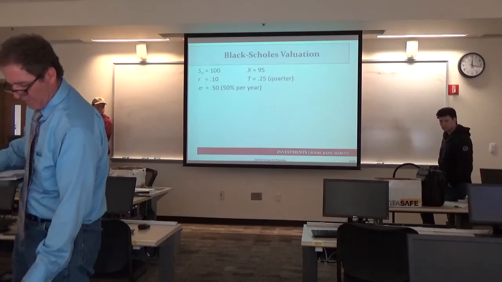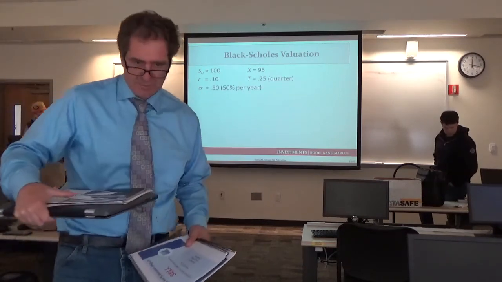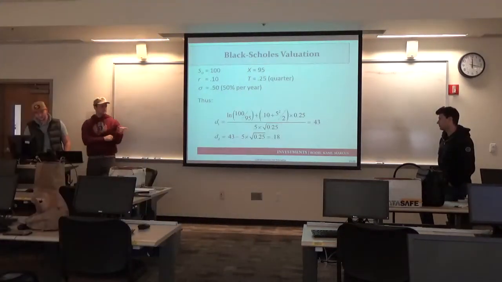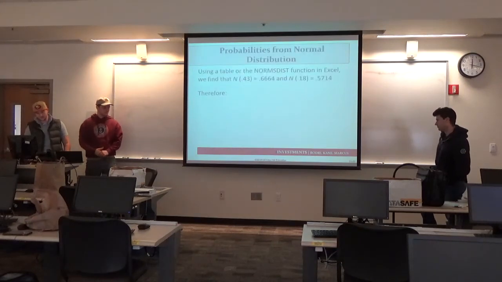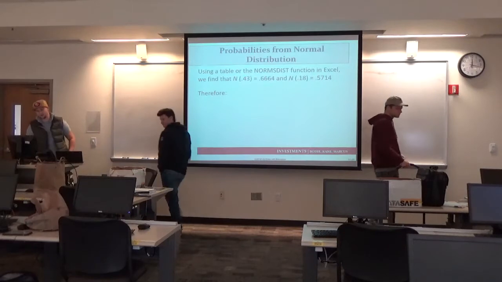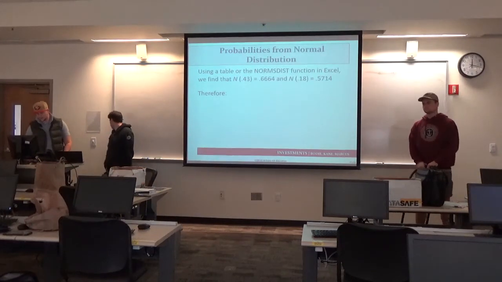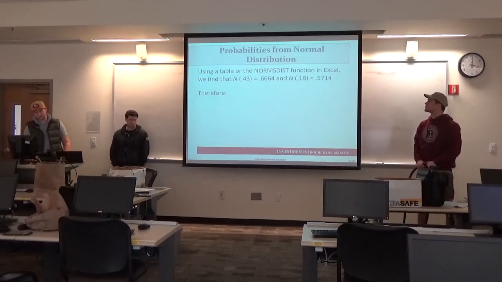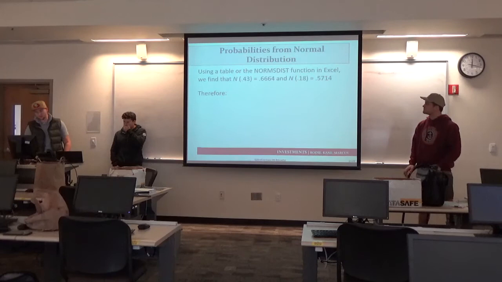This is the Black-Scholes valuation formula. Probabilities come from the normal distribution, using the NORM.DIST function in Excel. We find that N(0.43) equals 0.664 and N(0.18) equals 0.5714. Therefore, you get this.